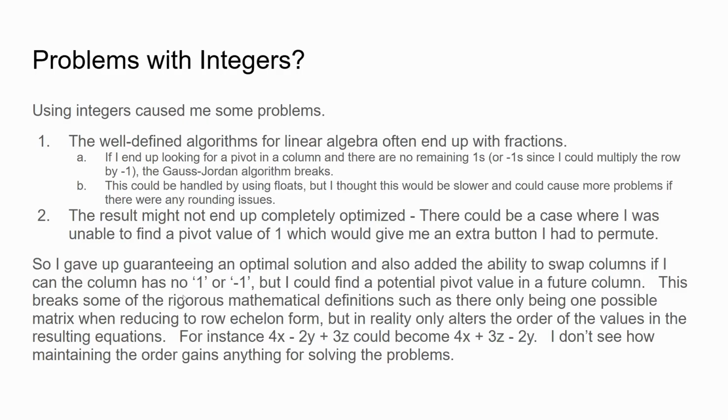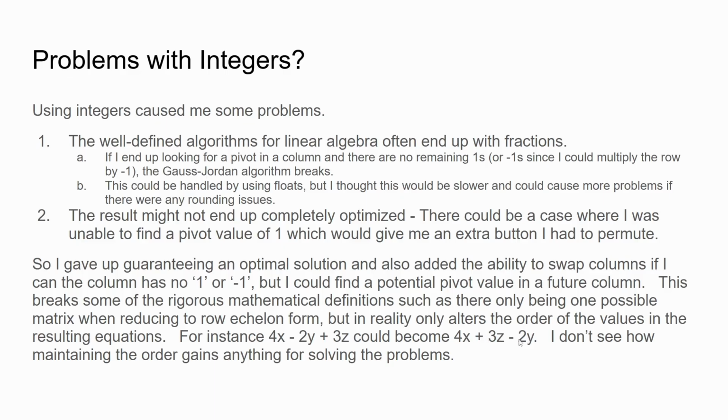I gave up guaranteeing an optimal solution and complying rigidly with the mathematical algorithms and definitions for reduced row echelon form, etc. But I did look for a potential pivot in other columns. It breaks some of the rigorous mathematical definitions they have, but just by reordering the variables, it doesn't really matter.